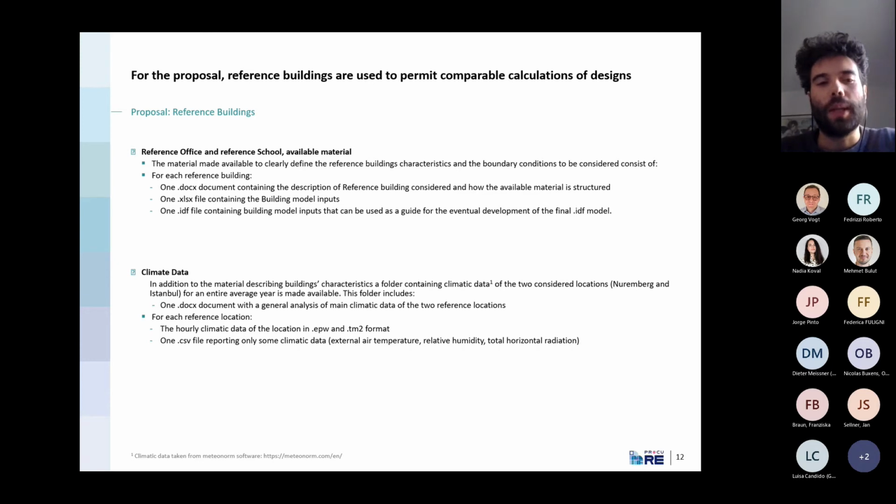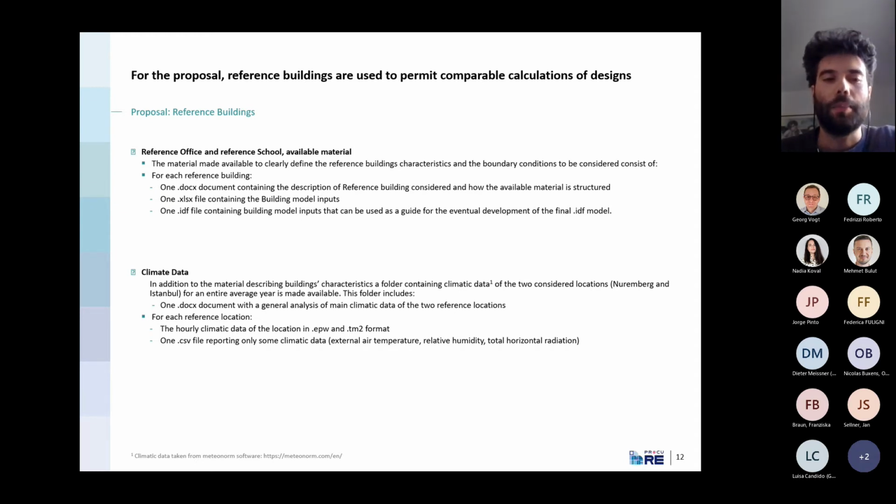Not only must the reference building be the same, but to have comparable results, the climatic conditions outside the building must also be the same. For this reason, considering that we are focused on the European zone, we decided to use two different climates. One climate with the reference city of Nuremberg, which basically represents the European continental climate, and the Mediterranean climate, for which we use the reference city of Istanbul.